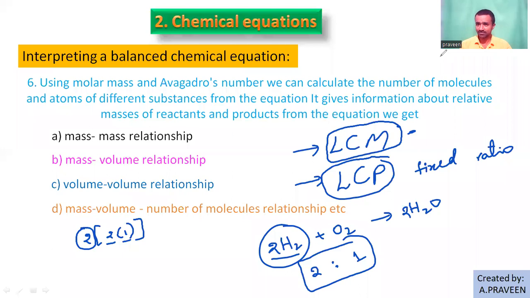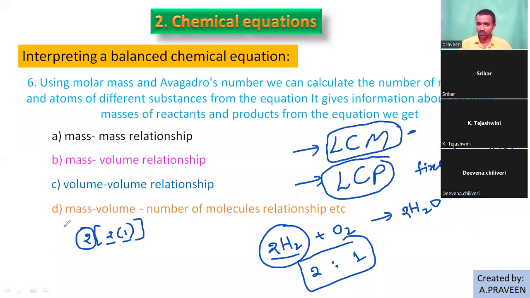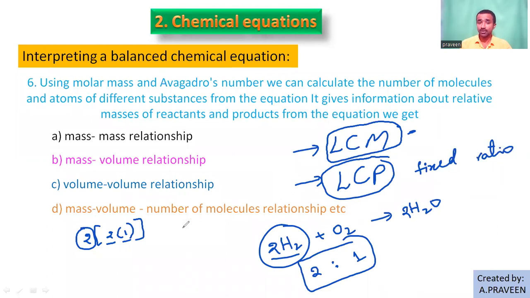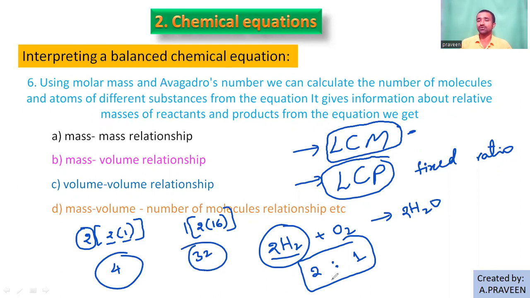Then for oxygen, there is no coefficient, so 1 into 2 as subscript and the oxygen atomic weight is 16. So 2 into 2 into 1 gives 4, and 1 into 2 into 16 gives 32. This is the meaning of 2:1.